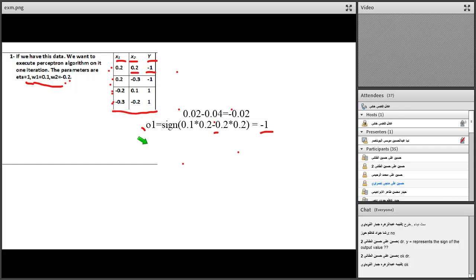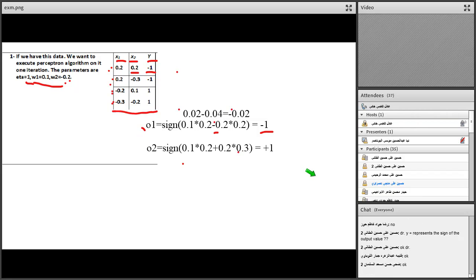Now the second data. The second data is O2 is equal to sign. Okay, this is O2.